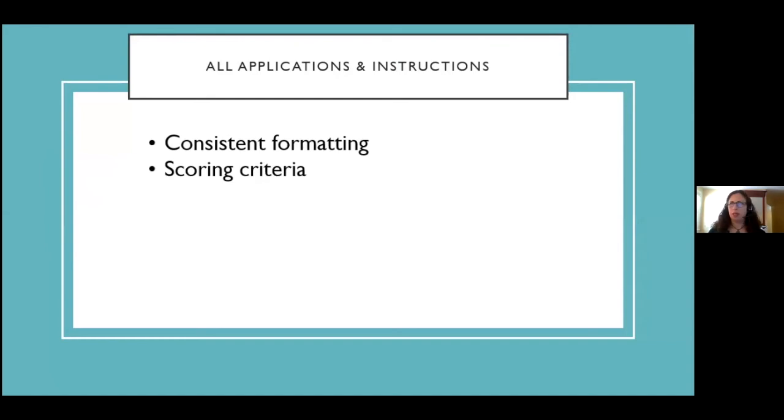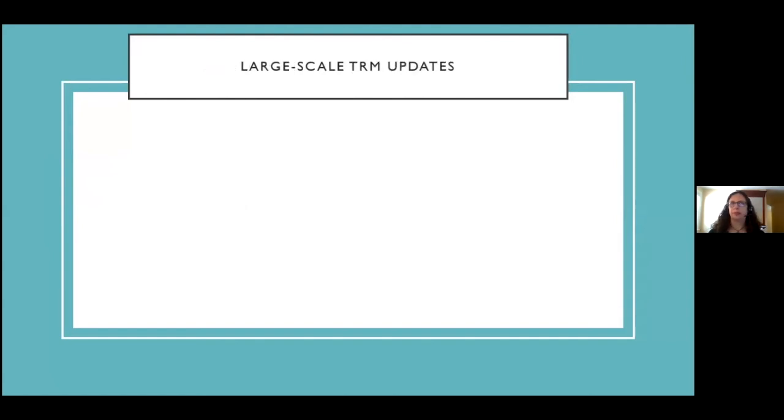The scoring criteria are more clearly outlined, and we also removed language about the submission of hard copies, and we are now officially accepting and prefer electronic submissions. So we made changes, as I said, to all of them, specifically the small scale urban TMDL trim and the large scale trim, to be more consistent with the small scale trim applications.